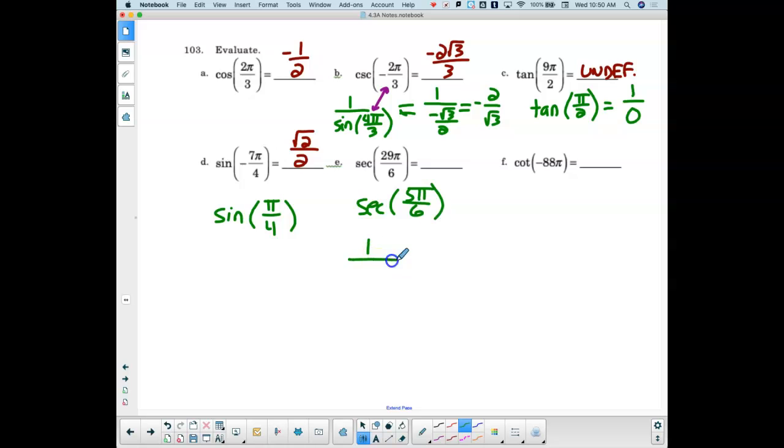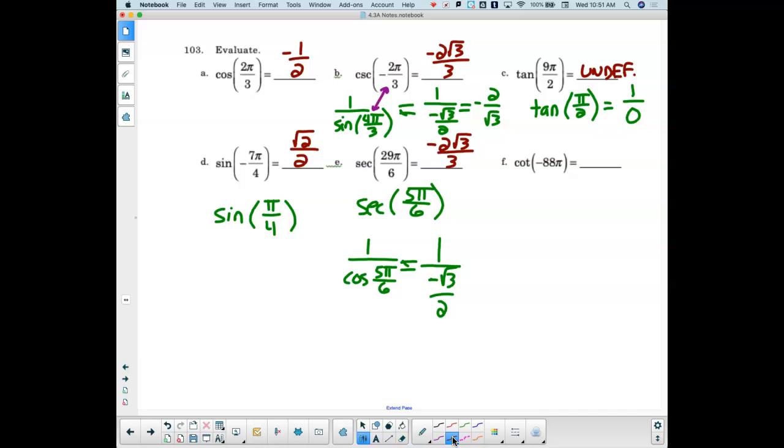Which is 1 over the cosine at 5 pi over 6. Which is 1 over negative square root 3 over 2. Which is the same as this one up here. So I already did that math. No need to do it again. Right? Utilize what you've done.